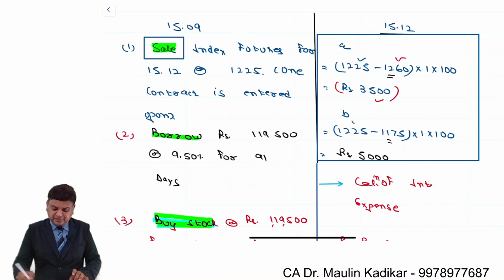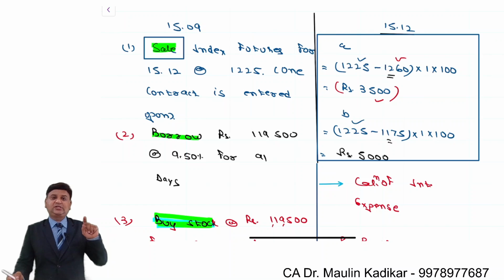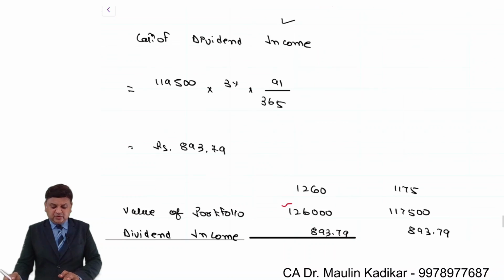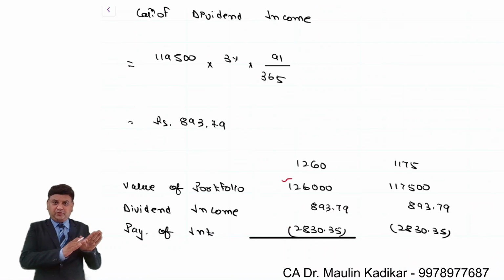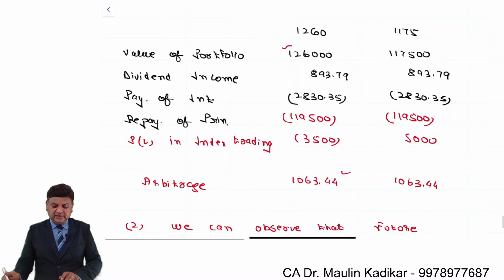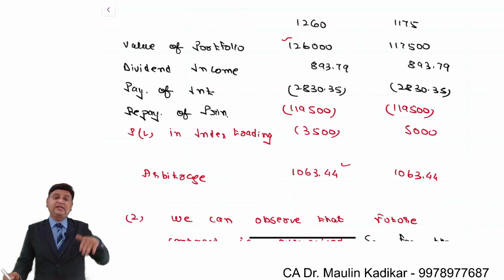You enter into the transaction for sale of index, so your sale value is predetermined. And the closing price of the index at that point of time would be the price at which you will purchase it. Importantly, you had made investment in the portfolio which was replicating the index. So whenever there is a change in the index value, there is a change in your value of the portfolio too.